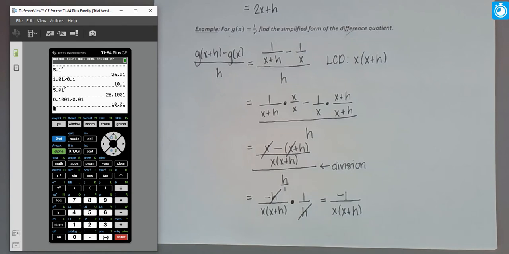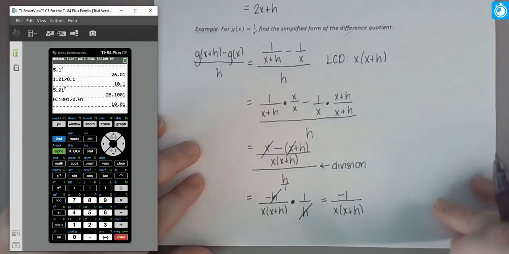And you could distribute that x in the denominator if you want, or you can just leave it alone based on what we're going to do with it later. That will be fine just to leave it alone. So that's a little bit different. Same goal, same kind of steps, but the algebra that it takes to simplify the difference quotient just looks a little bit different because our function looked a little bit different.